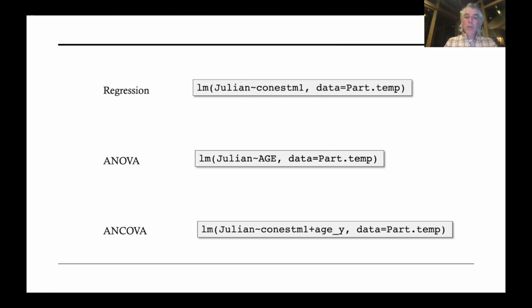And you can notice that we use the exact same notation, Julian date modeled by age, whether this is a categorical or a continuous predictor, or any combination of the two. So we can use this general modeling framework and this consistent modeling syntax in R to refer to all sorts of different types of general linear models.